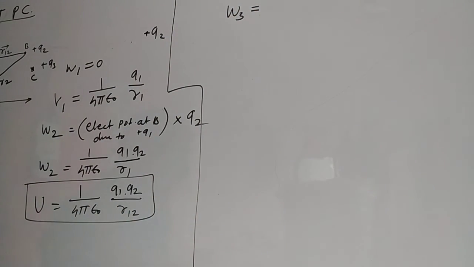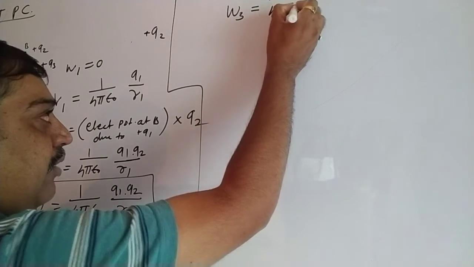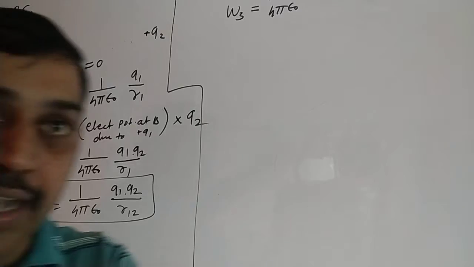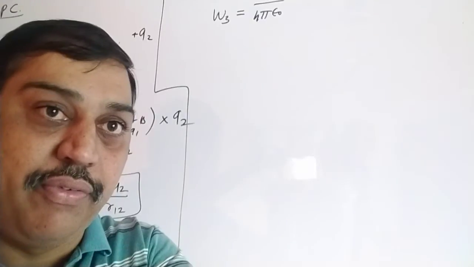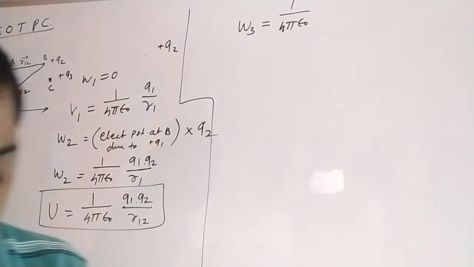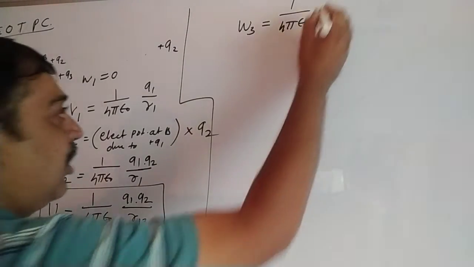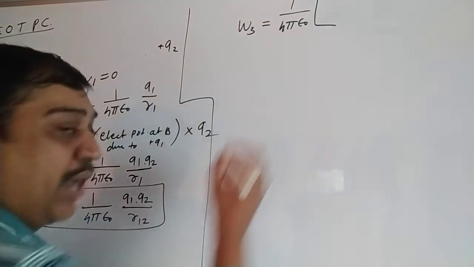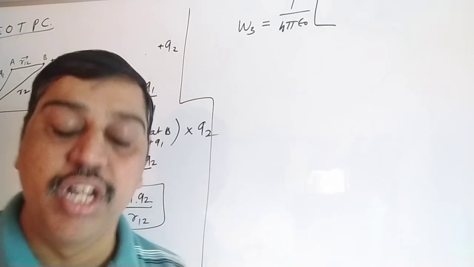What is W3 then? 1 divided by 4 pi epsilon 0, it is a common thing that we have found. So W3 is equal to 1 divided by 4 pi epsilon 0. What is remaining? The two charges Q1 and Q2 are already there, and we are moving the third one, that is Q3.